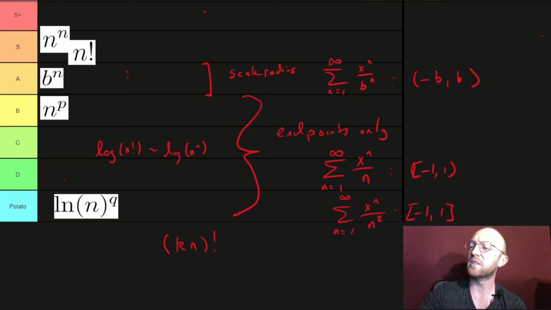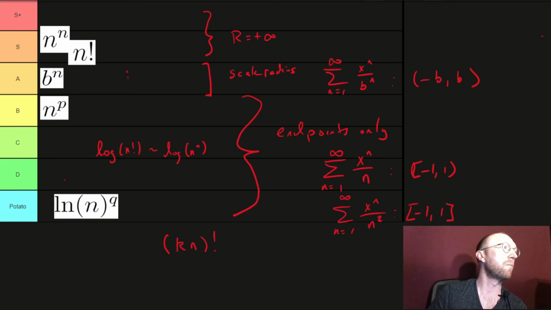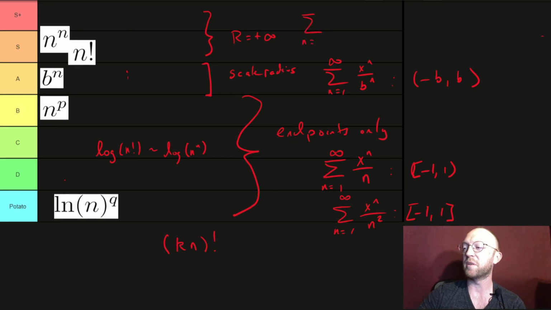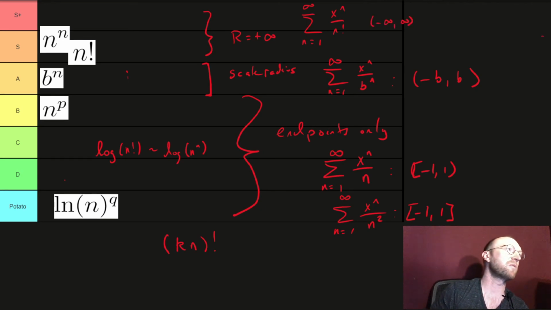And then this S plus tier, what's going on? Here, our radius is positive infinity if it's in the denominator. So I have the sum from n equals 1 to infinity of x to the n over n factorial. That's negative infinity to infinity.